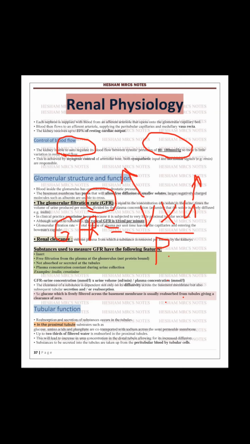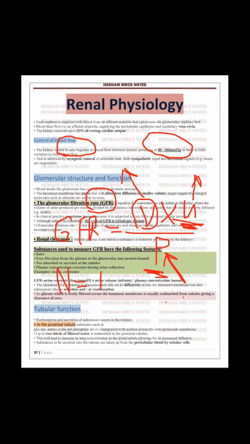Then P is the concentration of solute within the plasma. So V is volume, while U and P are concentrations: concentration of solute in urine, concentration of solute in plasma. Normal GFR is 125 milliliters per minute.